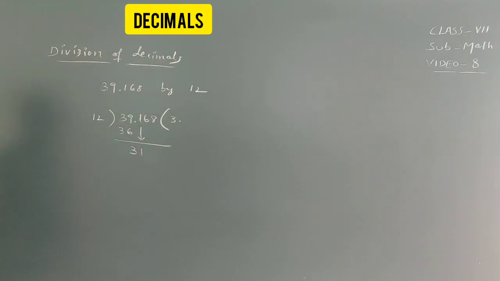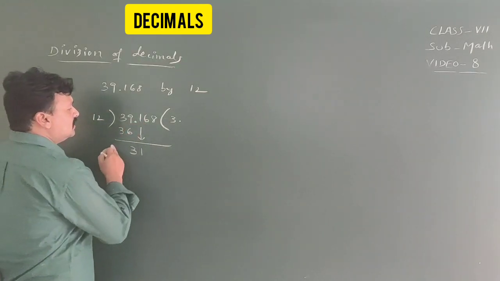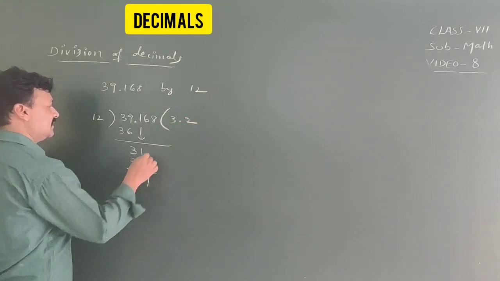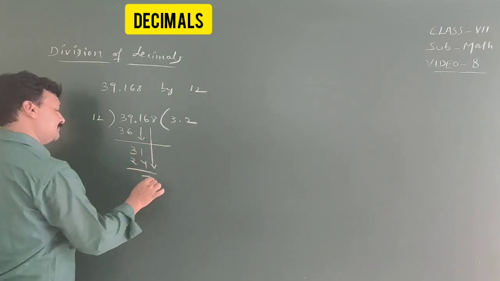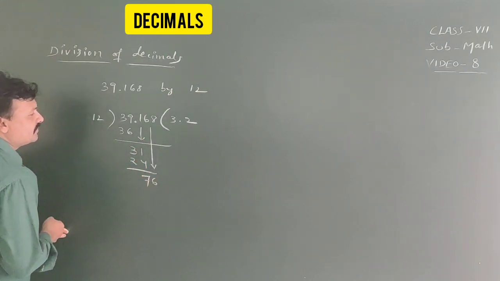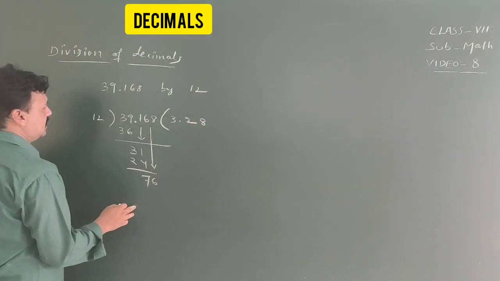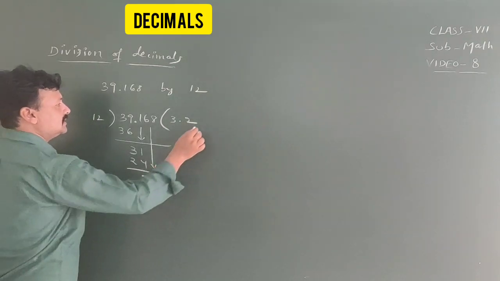We put a decimal point according to the point. Now, 12 2s are 24. 7. Now, bring down 6. 12 8s are 96. 12 6s are 72.